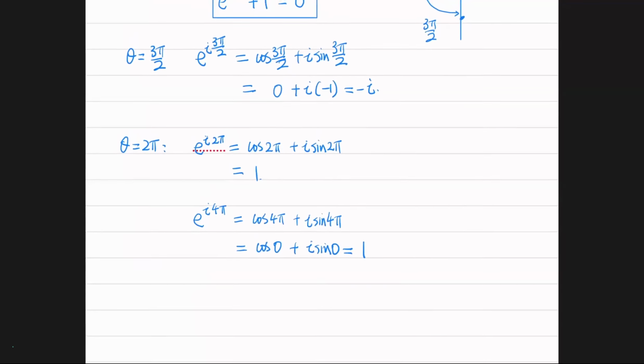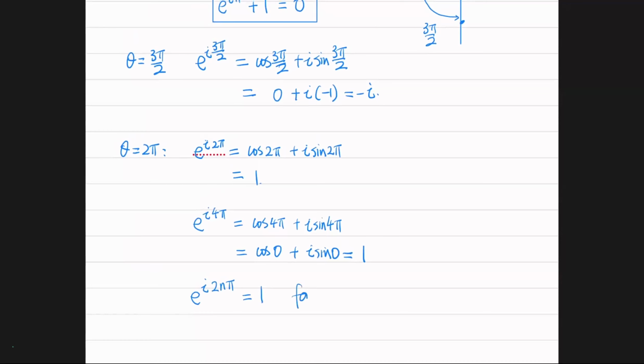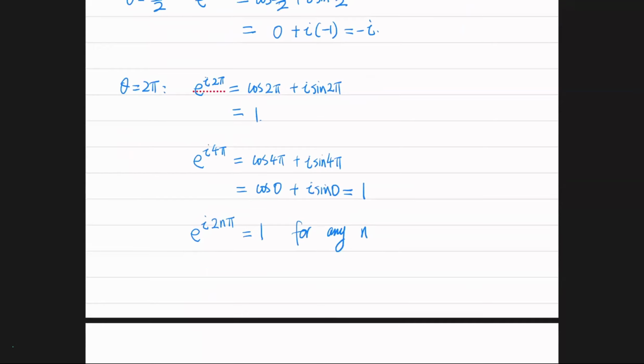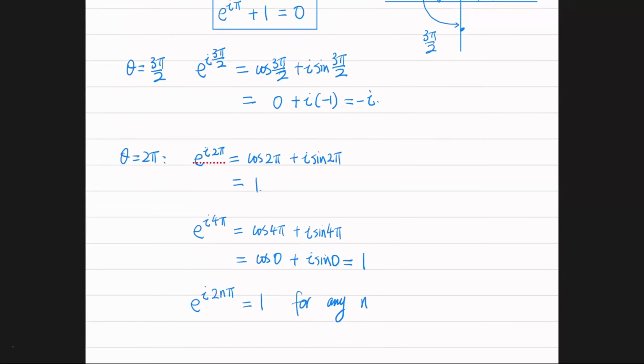So no matter what this integer is, it's always 1. So this is the Euler formula.